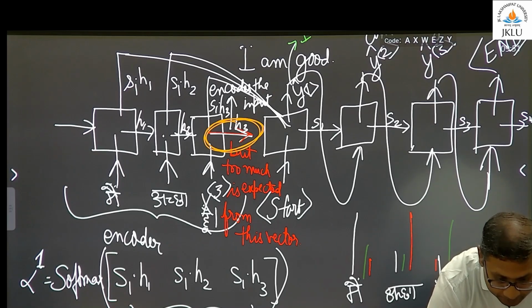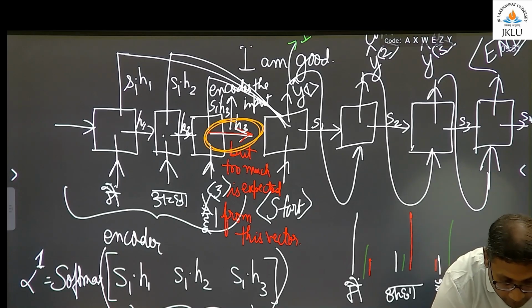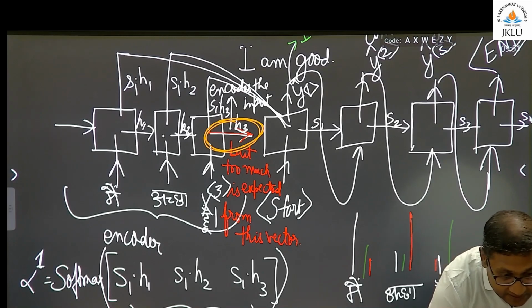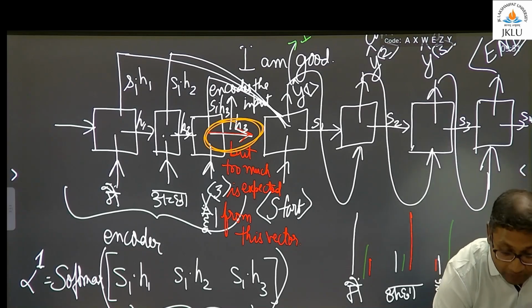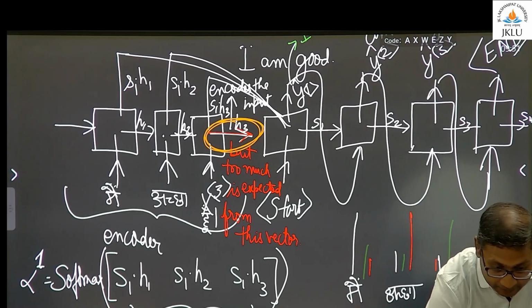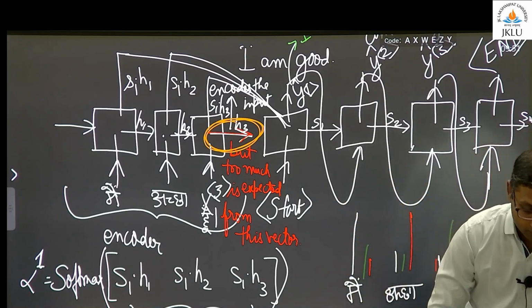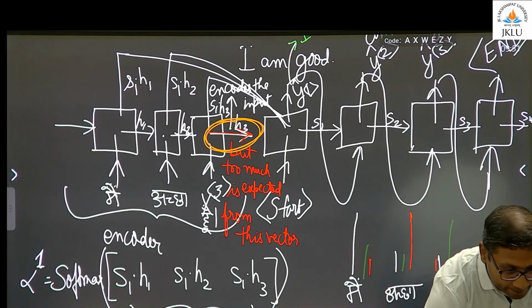More questions? Attention is such a simple idea and it has such a profound impact on NLP. By the way, the first attention, if I remember it right, was done for vision.